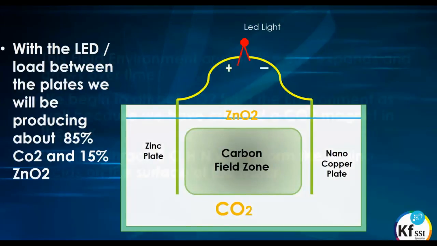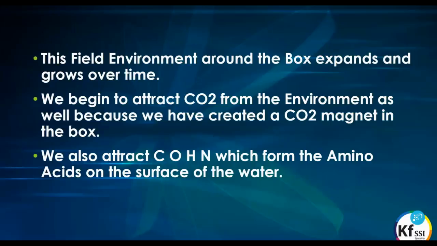What happens when you get your box going is you start creating a field environment around the box, and this grows over time. Because we've started creating a small amount of CO2 in our box, this also begins to attract CO2 from the environment, because it acts as a sort of magnet. So we can also start attracting CO2 to clean up the environment.